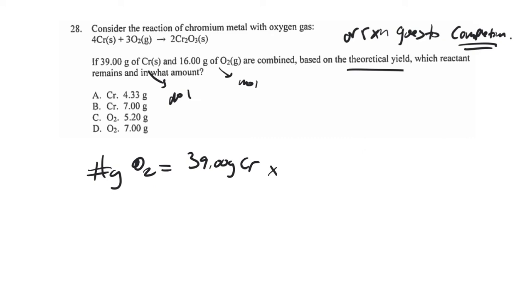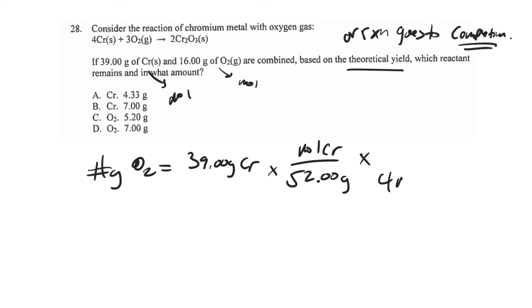So I need the molar mass of chromium. That's 52.00 grams per mole. It's 51.996, hence 52.00.